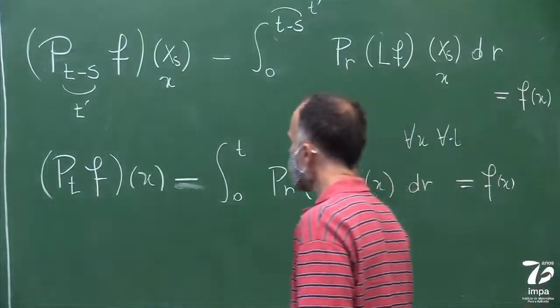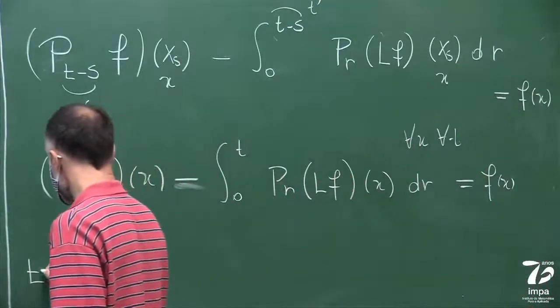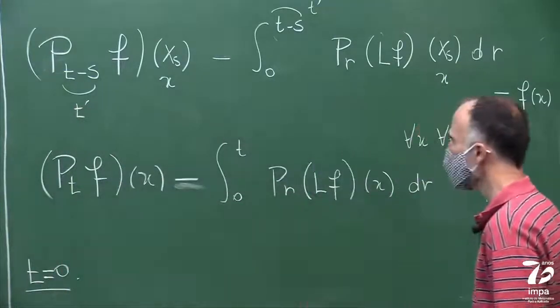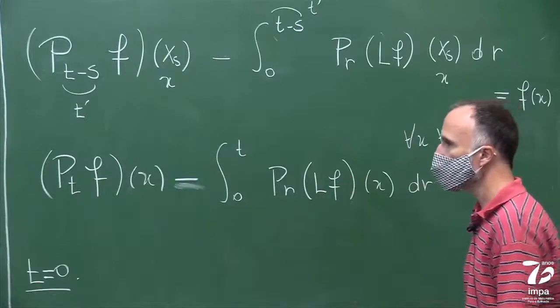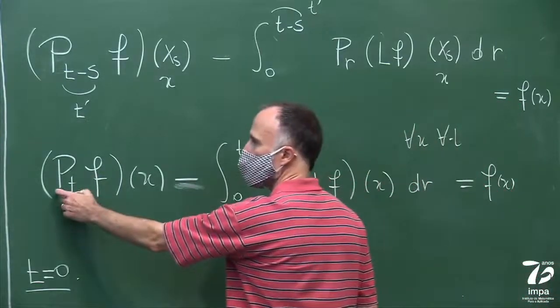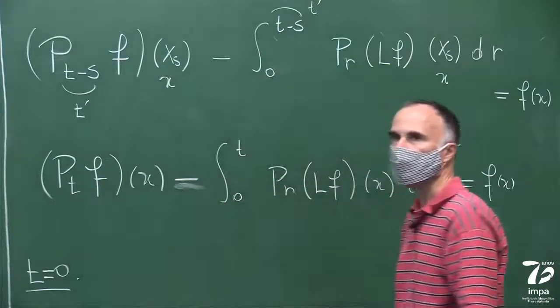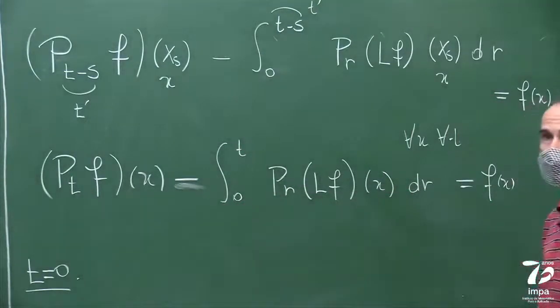So what I see is that for t equal to 0, this is okay, because I don't have the second term, and P_t at time 0 is the identity, so this is fx, and this is indeed fx. Okay?